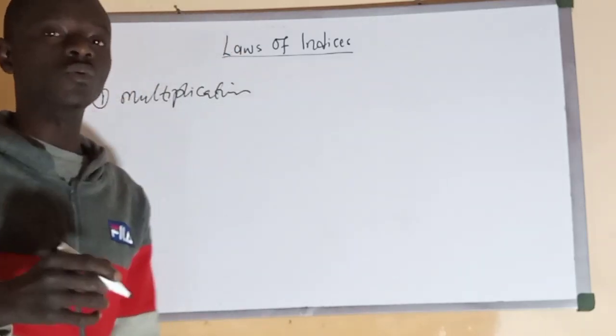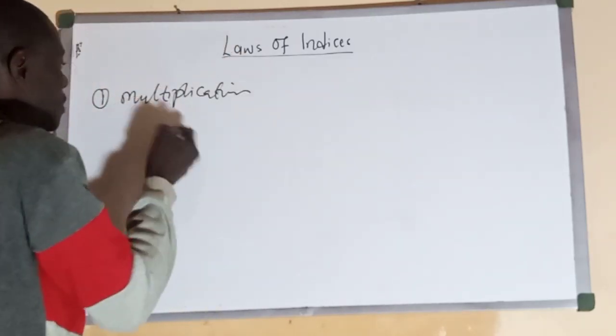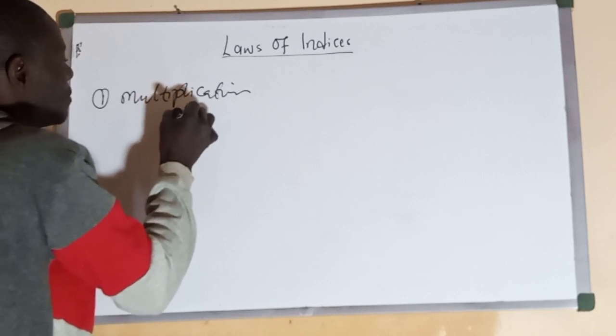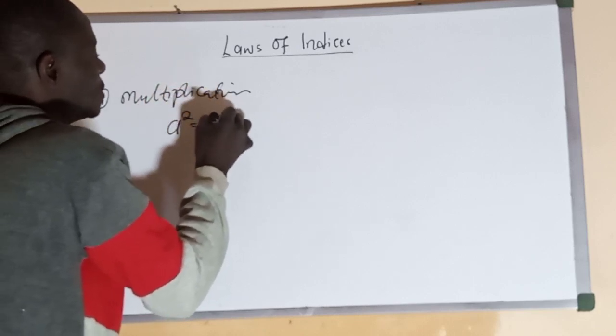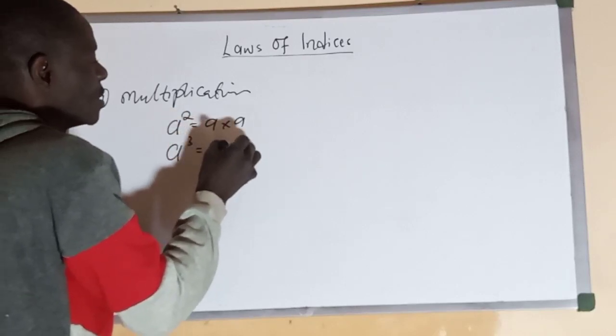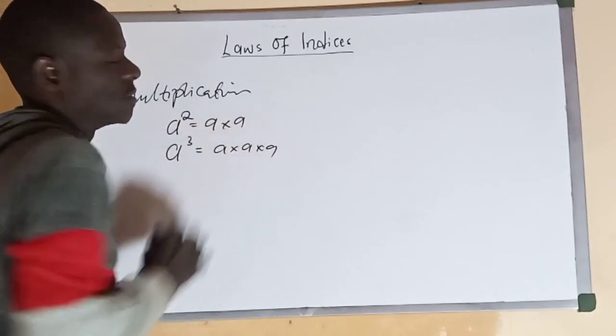For this multiplication law, assuming that we have a power 2, which is equal to a times a, and also we have a power 3, which is equal to a times a times a.